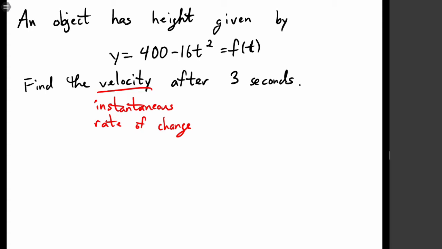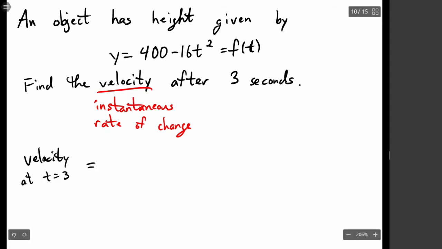Okay. So let's compute this instantaneous rate of change, or this velocity. Okay. So velocity at t equals 3. Okay. So what we're going to do is we'll use the first definition this time.